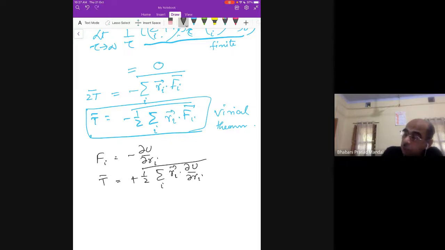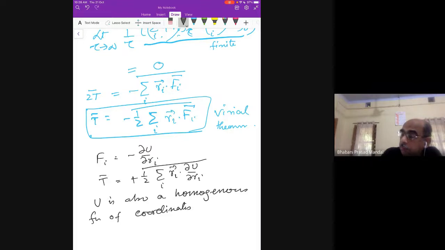Now let us assume that u, the potential energy, is also a homogeneous function of coordinates of degree k, suppose k in general.